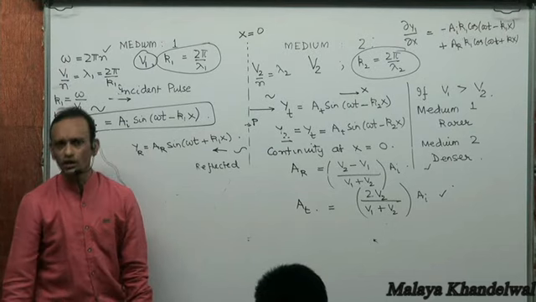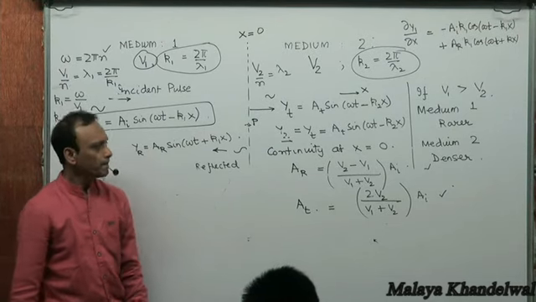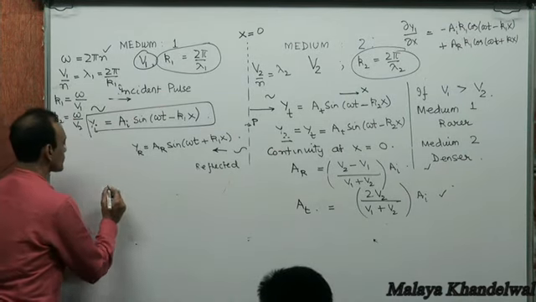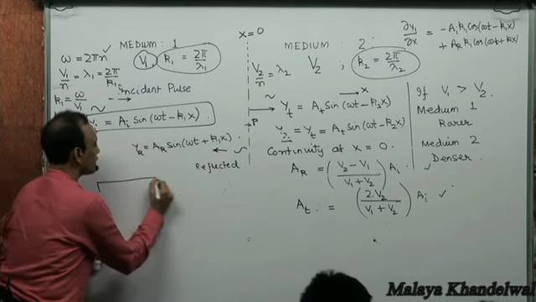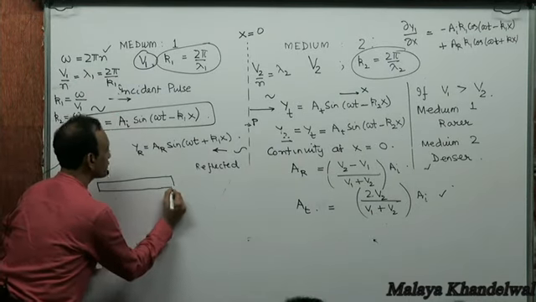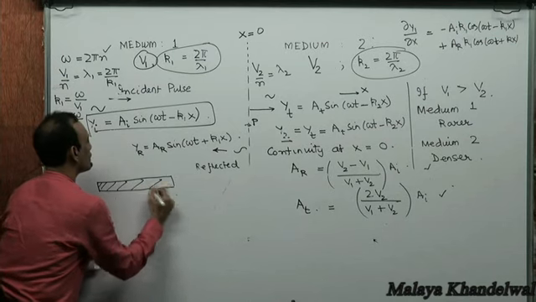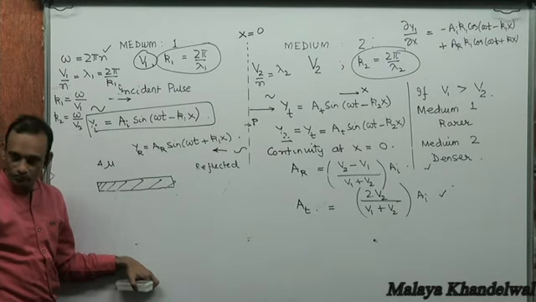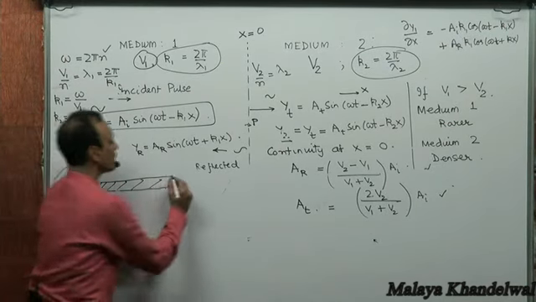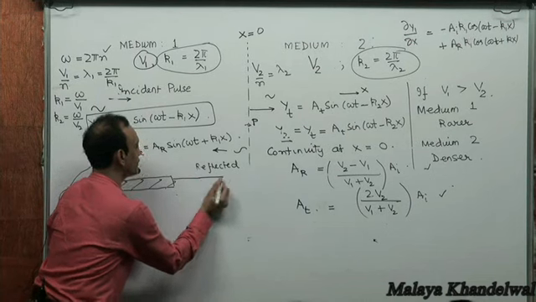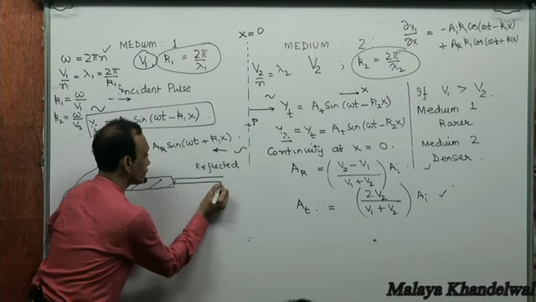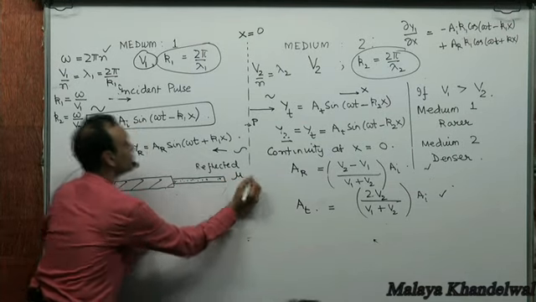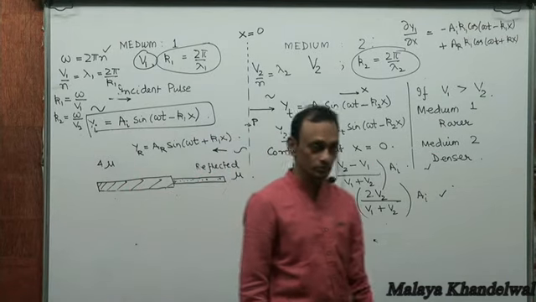All good so far, right? Suppose there is a rigid wire of mass per unit length 4 mu, and there is another wire of mass per unit length mu.